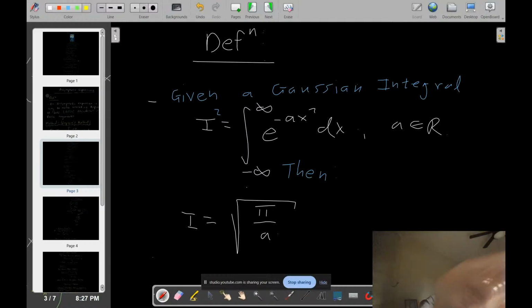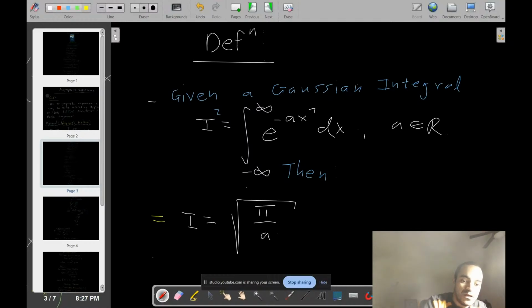Then this should imply that I equals the square root of pi over a. This is always true. This is a definition. It can't be disputed. That's what definitions are.